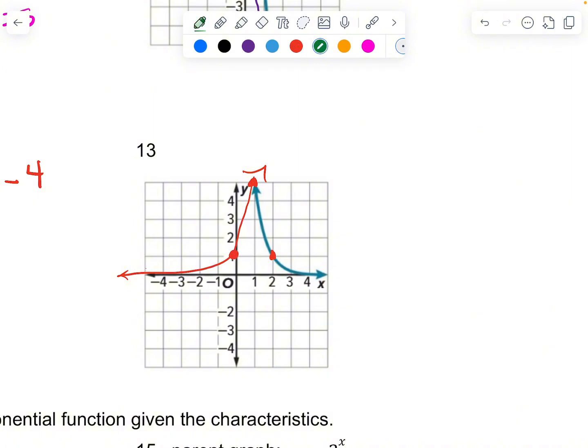Well, first of all, one went from a growth to a decay, so that means we need to flip it so that it's going this direction. So that means y equals 5 to the negative x. And what did it do? It moved that way 2 times, so minus 2.